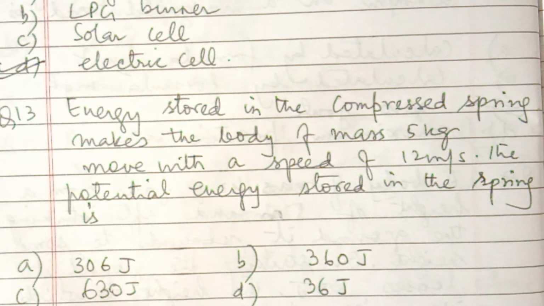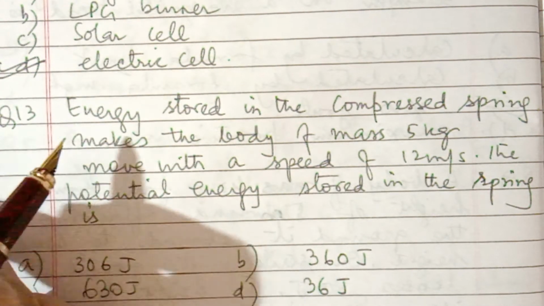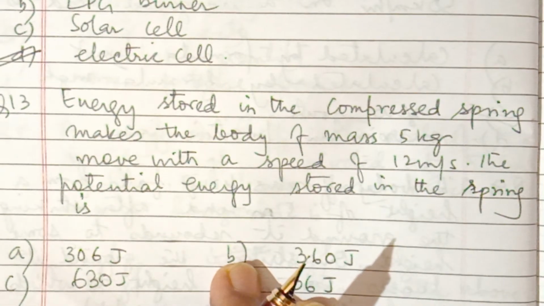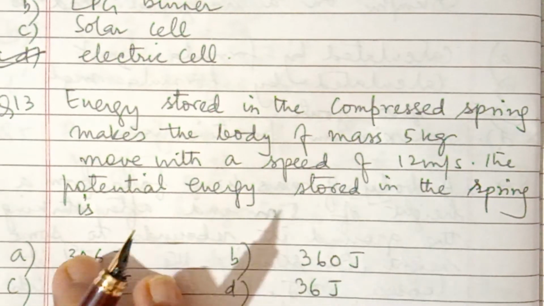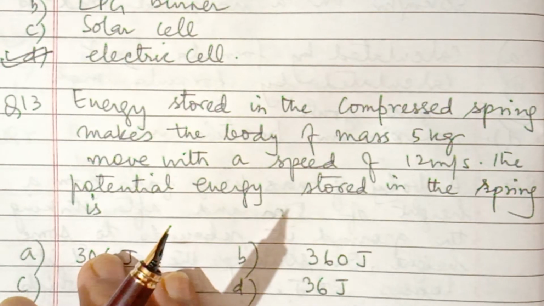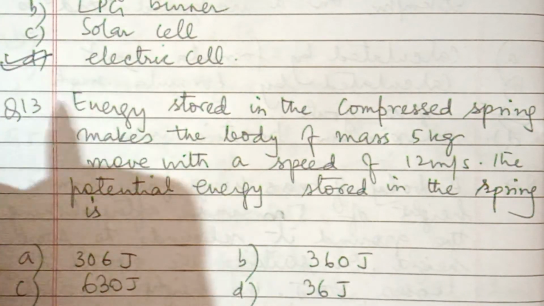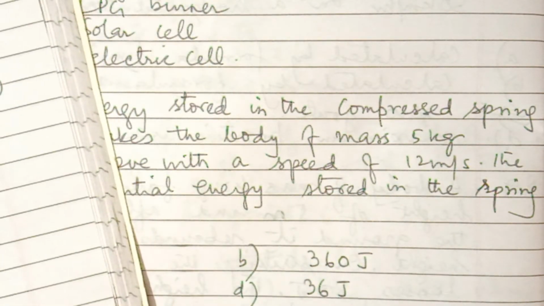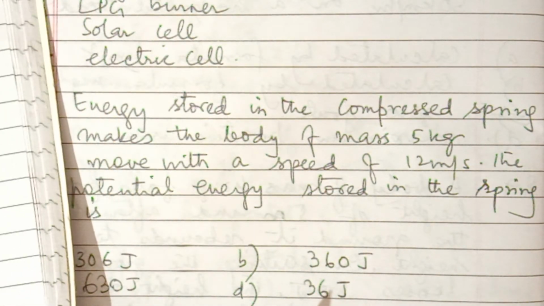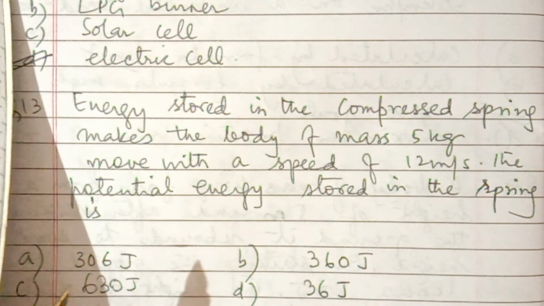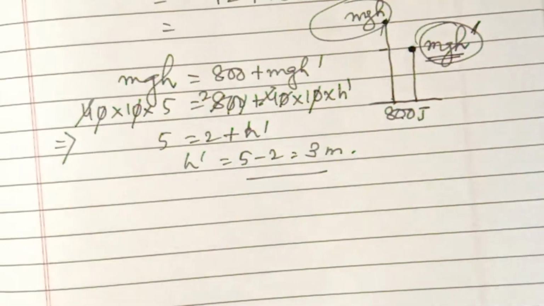It is making the body move, which means the moving body is getting kinetic energy out of that stored potential energy. So whatever kinetic energy is gained by the moving body is equal to the potential energy stored in the spring. Mass is 5 and velocity is 12 meter per second.